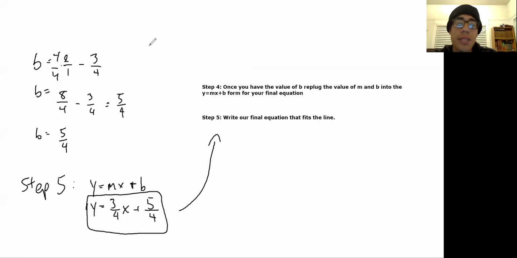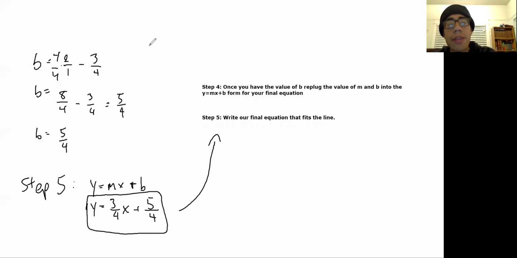Anything times 1 is just itself. I'm just changing the way 2 over 1 looks so that it's compatible with 3 over 4. In this case, I have 8 over 4, right? So, side note here, 2 divided by 1 is just 2, and then 8 divided by 4 is just 2. Value has not changed. Anyways, 8 over 4 minus 3 over 4 is going to equal 5 over 4. Right? So that was step 4.